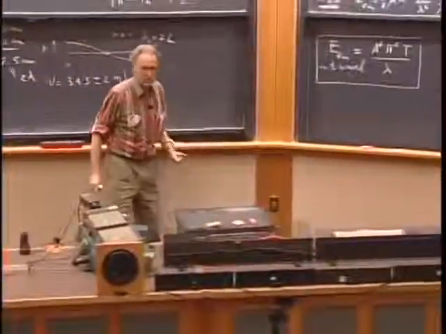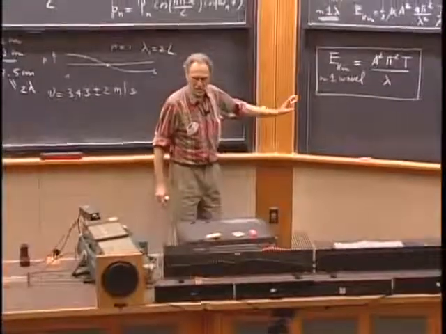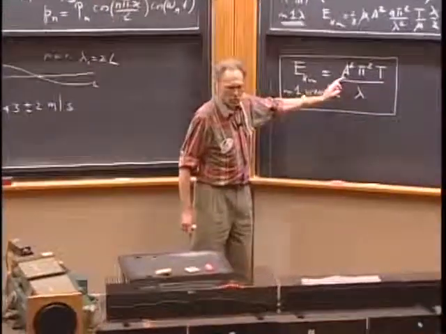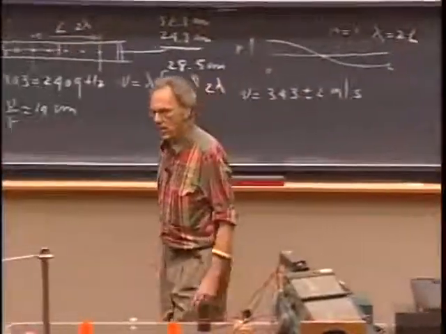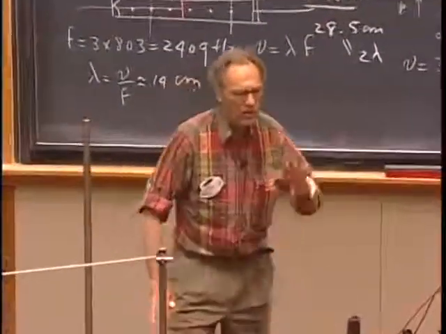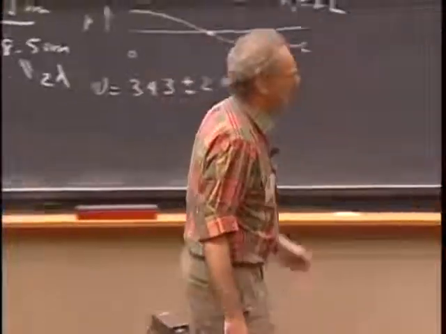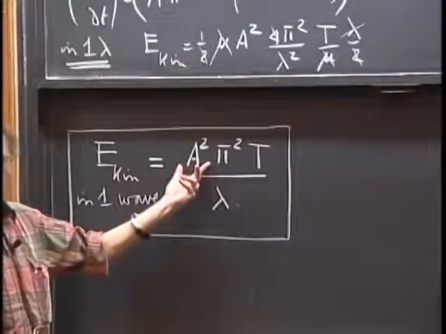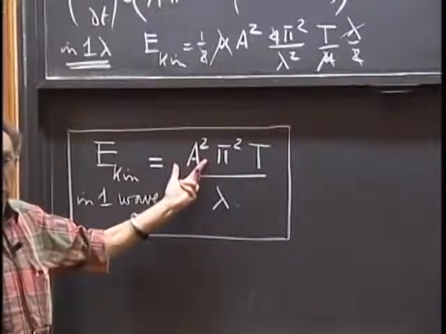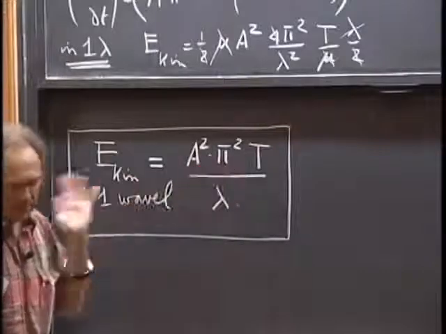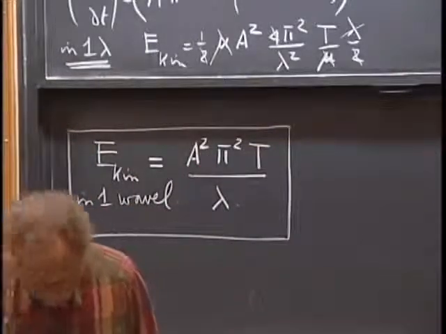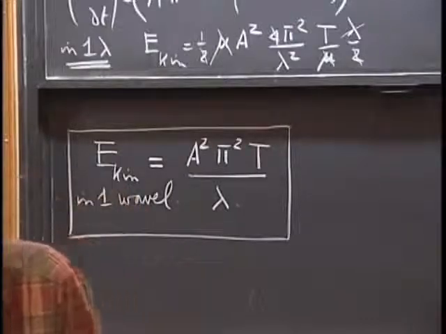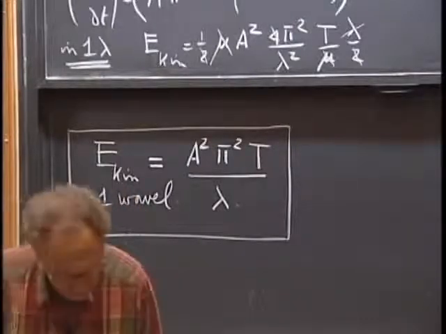I do know that the energy in a wave is always proportional to the amplitude squared. You're going to see that when we do electromagnetic waves in 8.03, it's always proportional to A squared. So that's the only one for which I have a feeling, but I know it's got to be there. And the rest, I will leave you with that to see whether perhaps you can talk yourself into understanding why you see the symbols where they are.